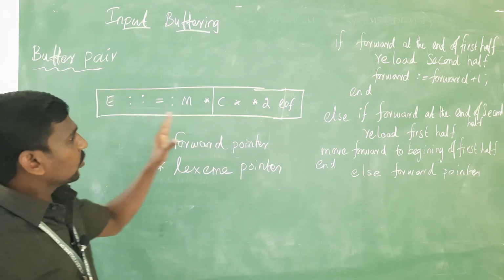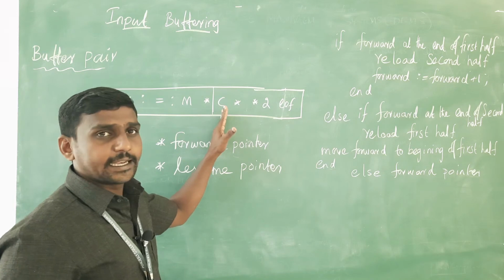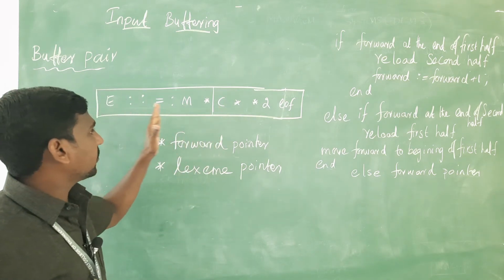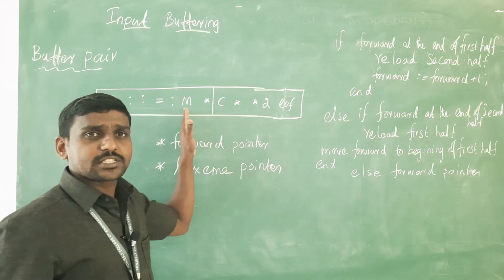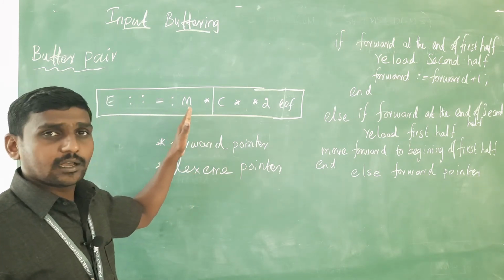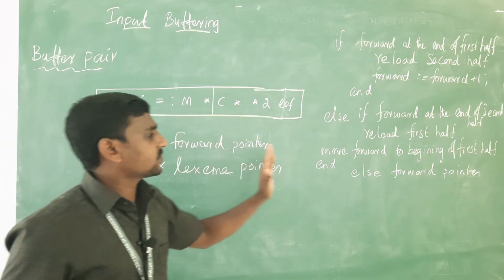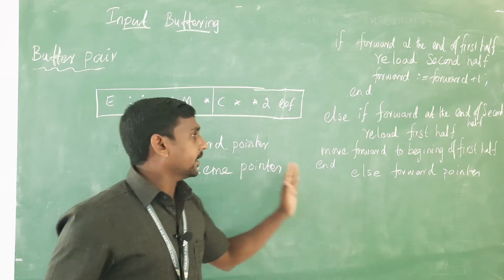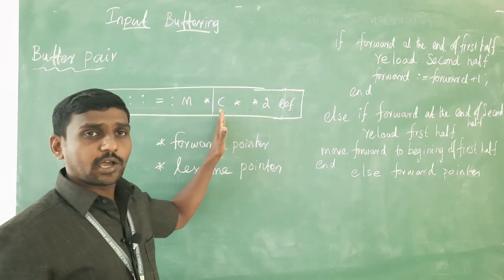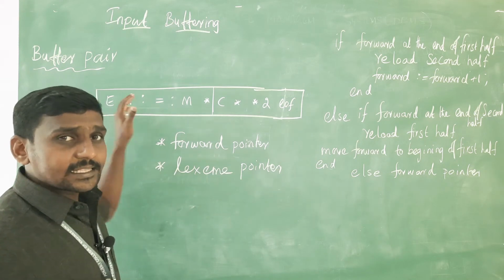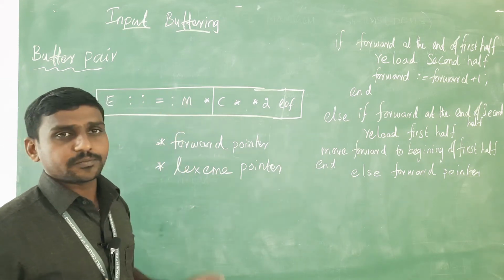Clear? Because the pointer points to the second half, and if it is scanning the first half, if it matches the tokens or lexemes, it says it is the matched token and it is placed in the buffer. Once it reaches the second half, the first half must be empty and it reloads the next sequence of characters in the first half. Clear?